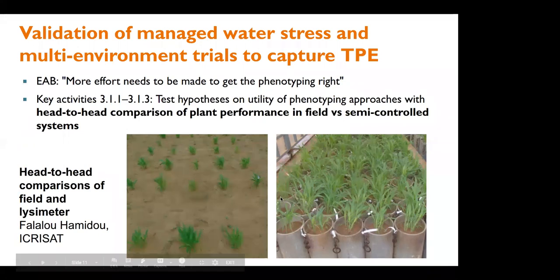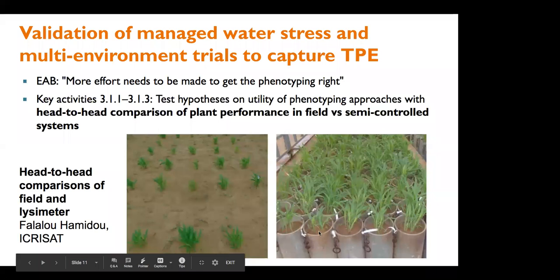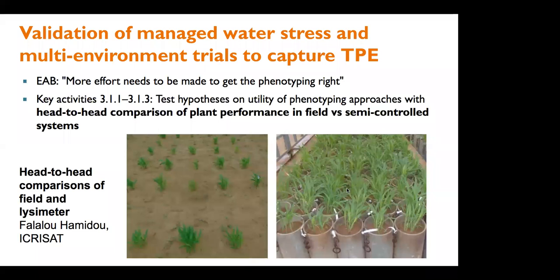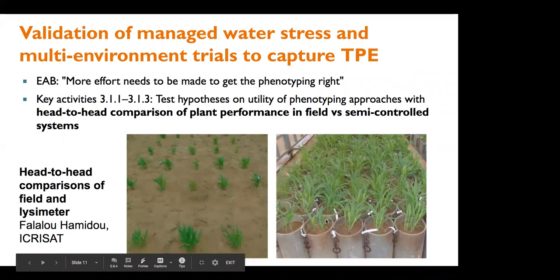And so I won't go through the whole hypothesis testing logic here in the interest of time, but we have gone through with Gohi and developed a priori hypotheses and predictions about plant performance in the field versus plant performance in the lysimeter that will allow us to reject the hypothesis that the lysimeter phenotyping is useful directly for phenotyping, if that's the case.